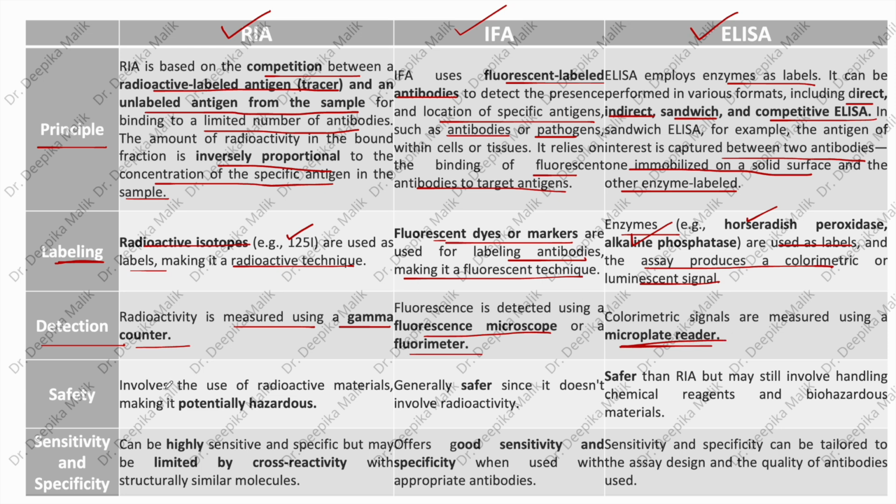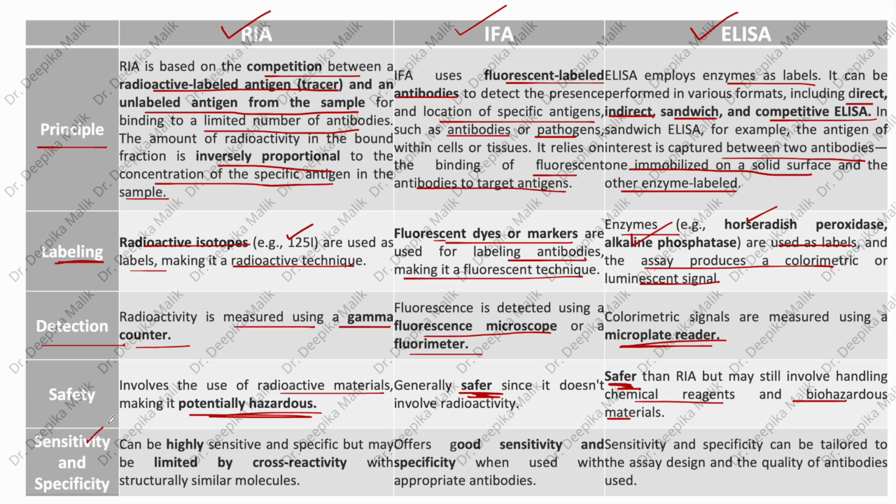Safety: radioimmunoassay involves the use of radioactive materials, making it potentially hazardous. Immunofluorescent assays are generally safer since they don't involve radioactivity. ELISA is safer than radioimmunoassay but may still involve handling chemical reagents and biohazardous materials.